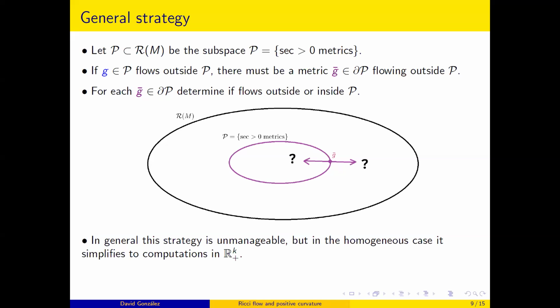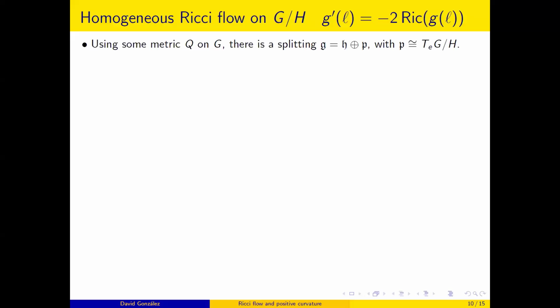So let me explain how this strategy works in the homogeneous case. If we have a homogeneous space G over H, using a background bi-invariant metric in G, we get a splitting of the Lie algebra, where h is the Lie algebra of the group H, and p gets identified with the tangent space. So the whole geometry of the space is encoded in this p.